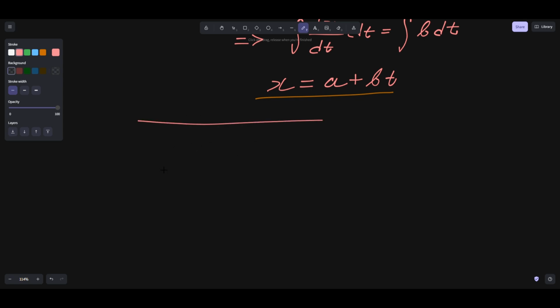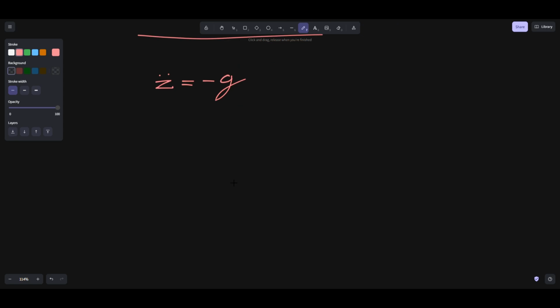So we start from z double dot equals minus g. Again we integrate both sides.